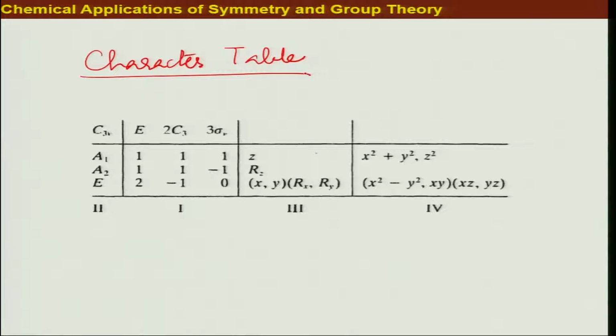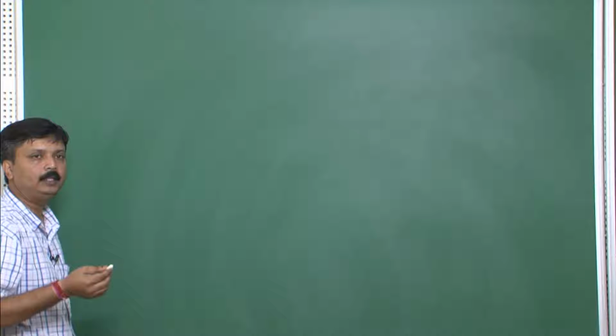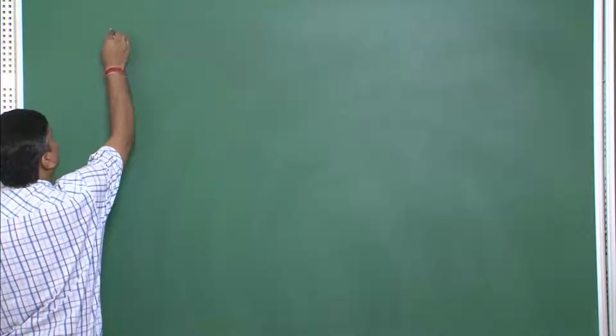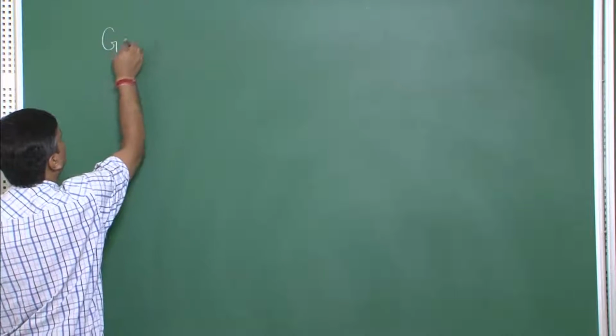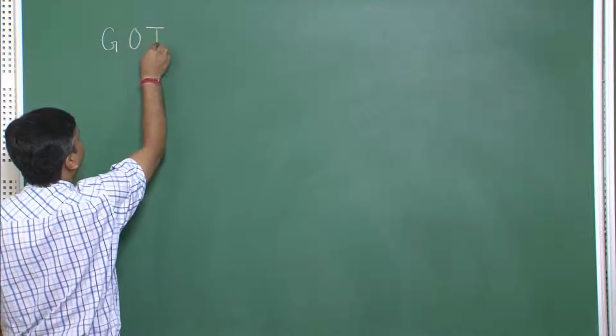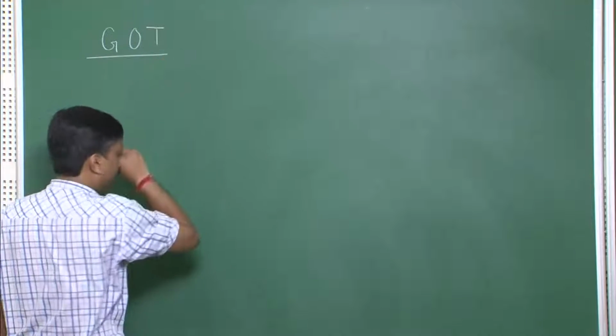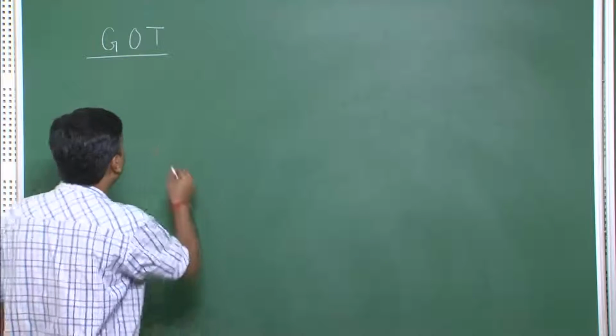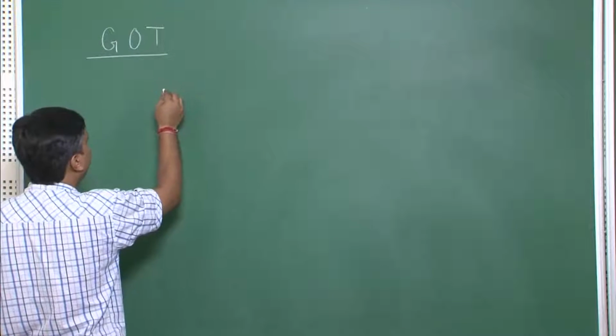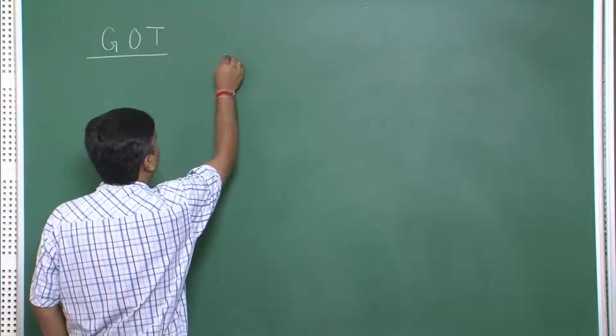the great orthogonality theorem. So we will write it in short as GOT, great orthogonality theorem. Its mathematical form is given as follows.